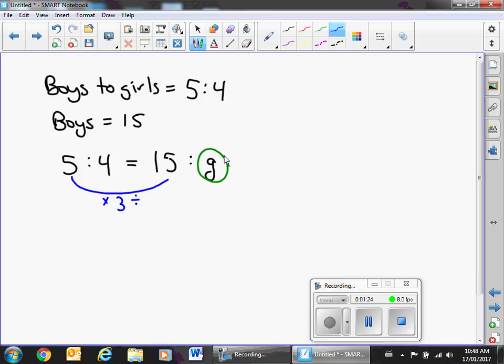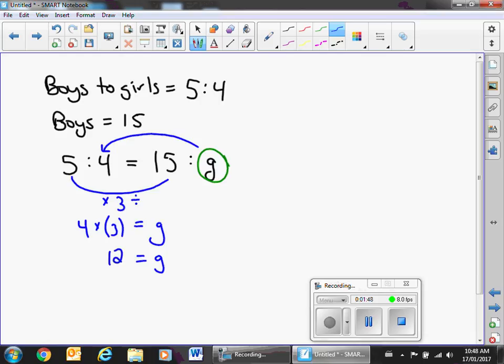So 15 divided by 3 gives us 5, or 5 times 3 gives us 15. So 4 times the magic number 3 is going to give us G. G equals 12. And that's all we're doing in that particular equation.